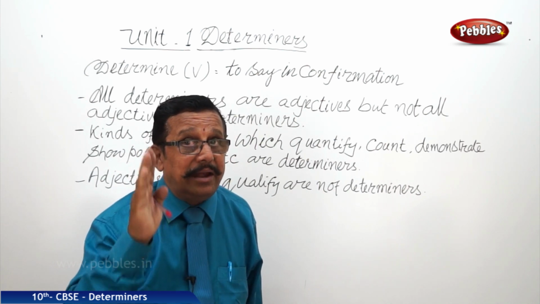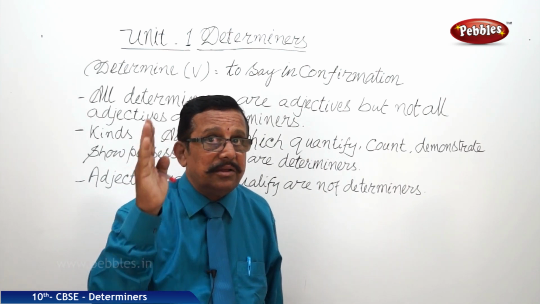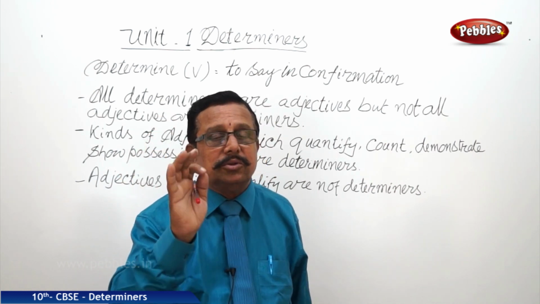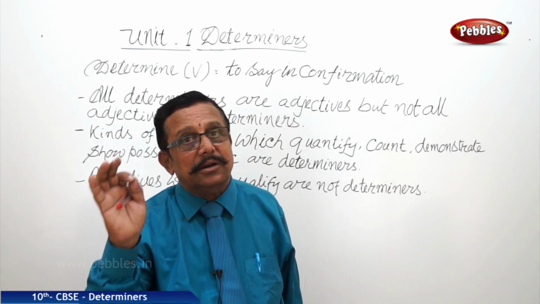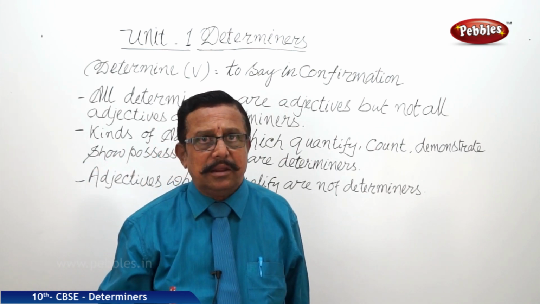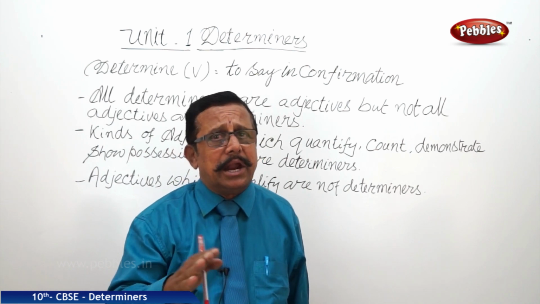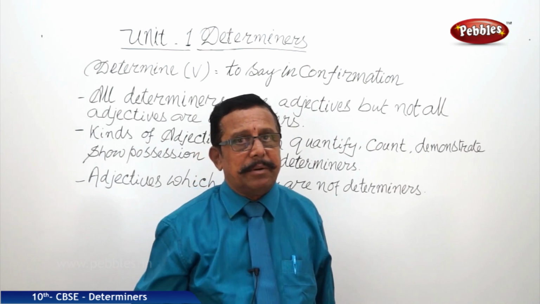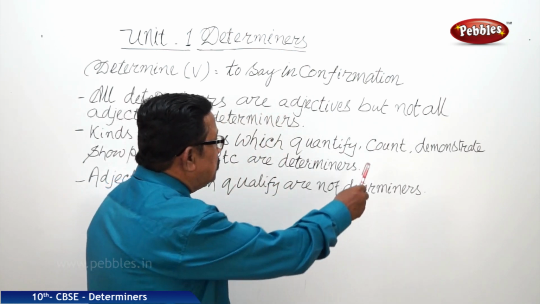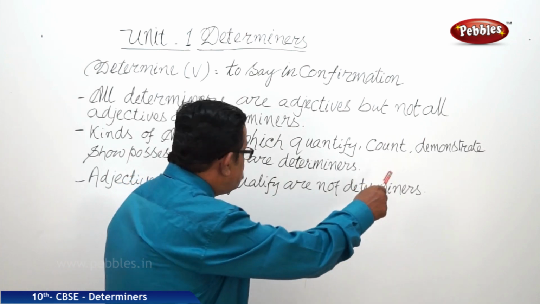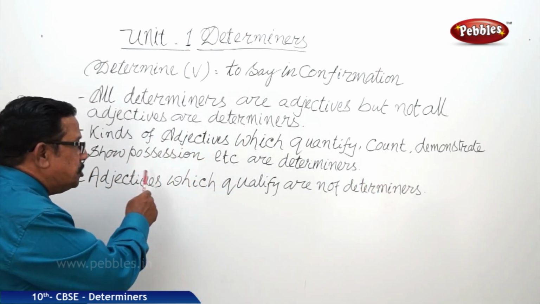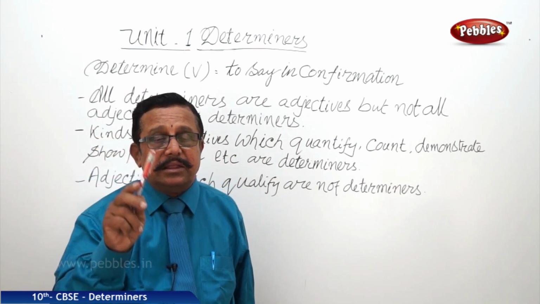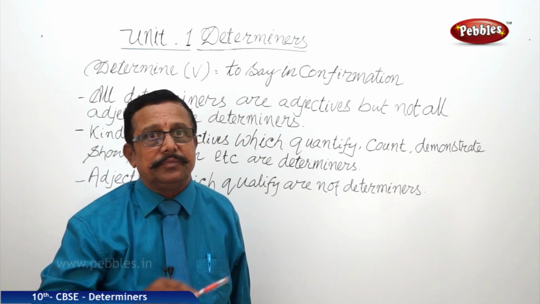Confirms and says fixed or says uncertain about the noun, those are called determiners. The quantity may be known quantity, may not be known quantity. The determiners quantify, they count, they demonstrate, they show the position, and they ask the question. That way, the determiners are many.